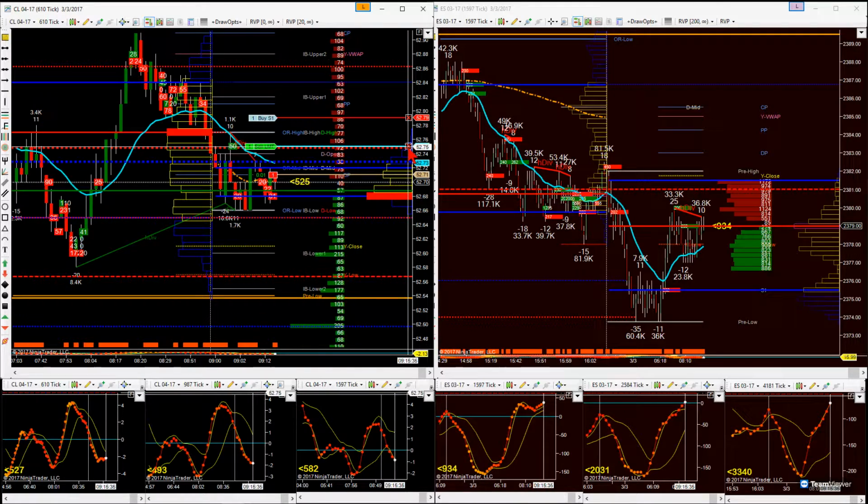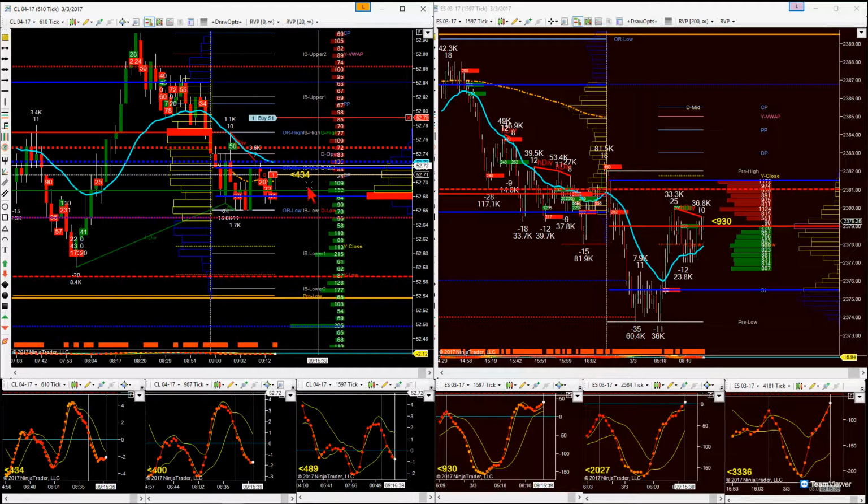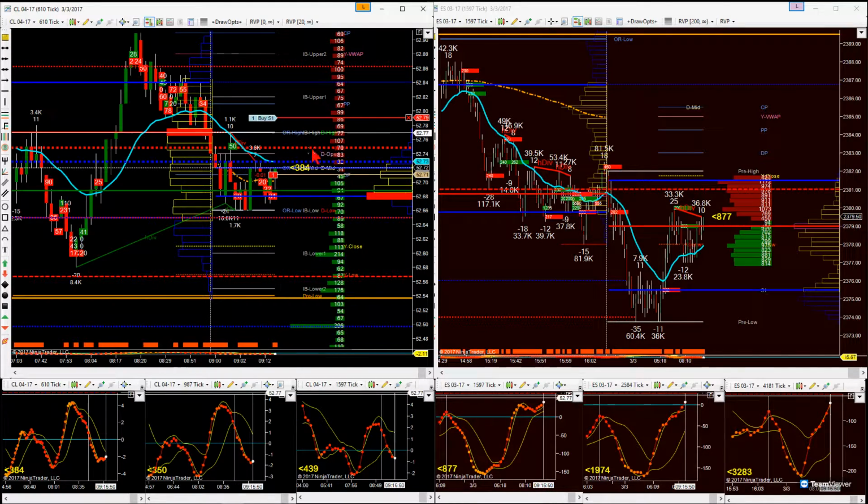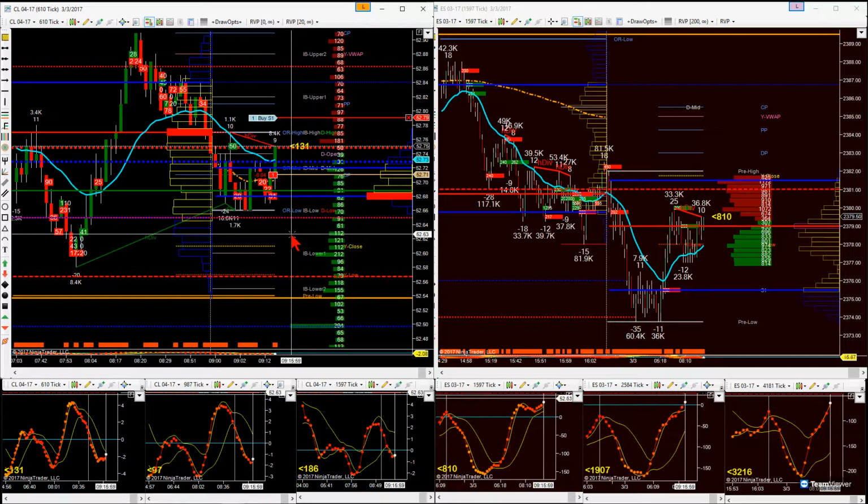That would actually put me in the position of saying I don't want to get into a second contract here, because if we continue to consolidate, these BBs it looks like will turn up. So at this point, I'm willing to stay in my trade with my risk being high of day, where I'm taking an 8 tick risk, but only on one contract.